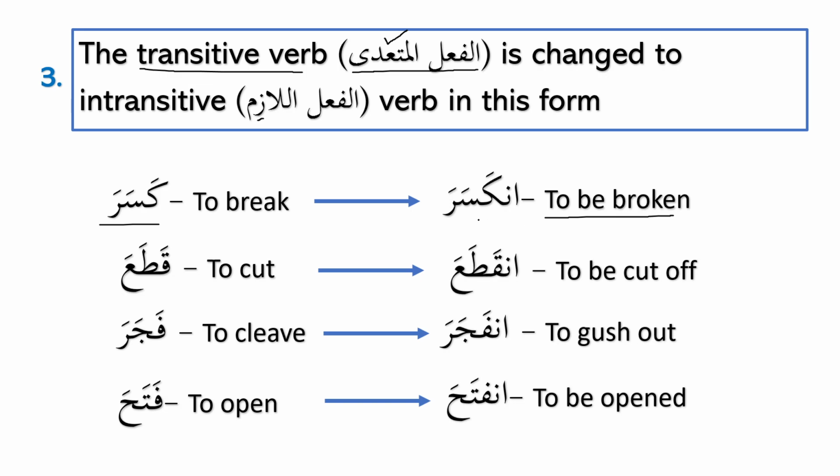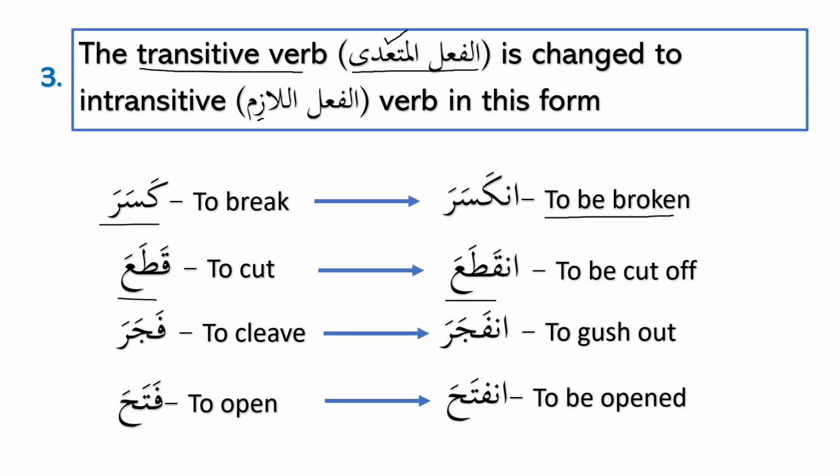Now, when you say inkasara, after that, you need only the subject, you don't need the object. Inkasara, as we discussed, inkasara al-babu, the door broke itself. So it becomes lazim. There is no need to bring in the object over here. Qata'a, to cut, and inqata'a, to be cut off. Fajara, to cleave or to dig something, and infajara is to gush out.